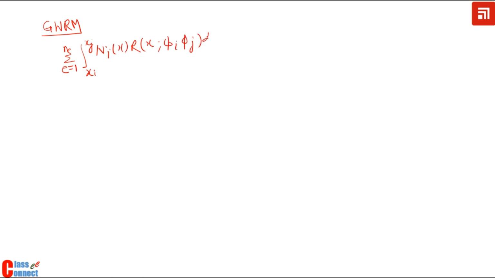Now I am writing this phi i and phi j instead of ai and aj. This is for node i. And similarly I can write down for the jth node for all the elements. I have to sum for all the elements, integrating from xi to xj.